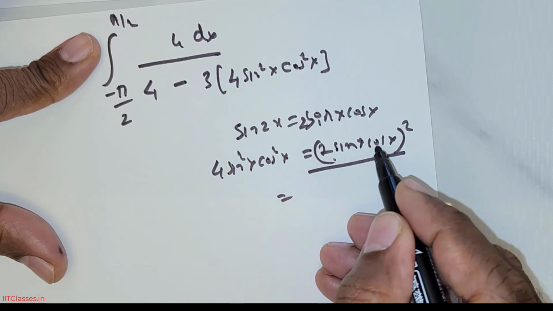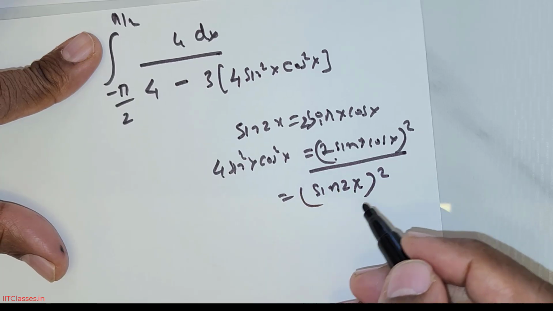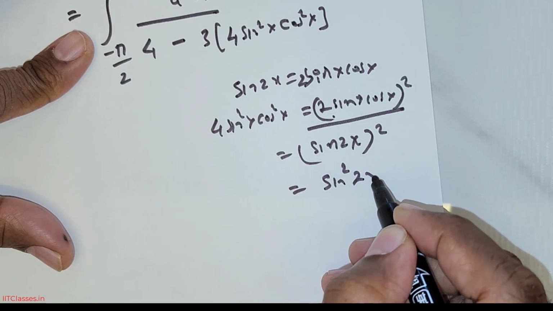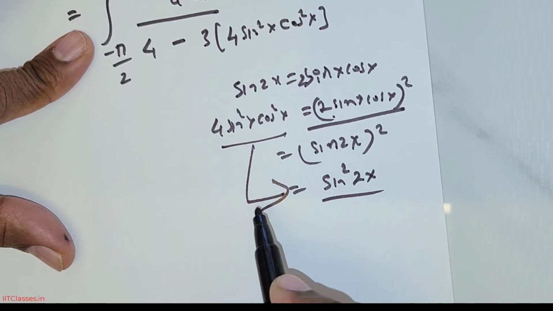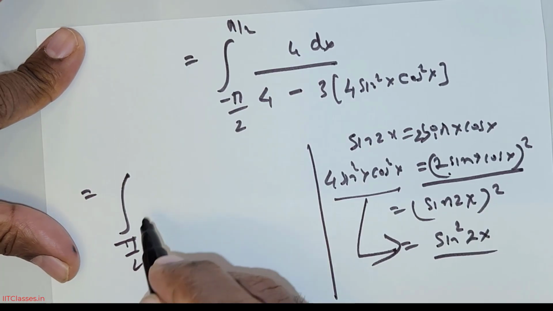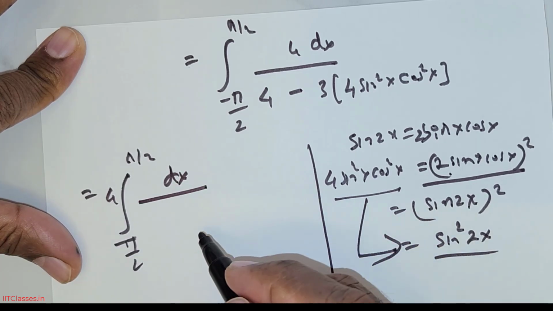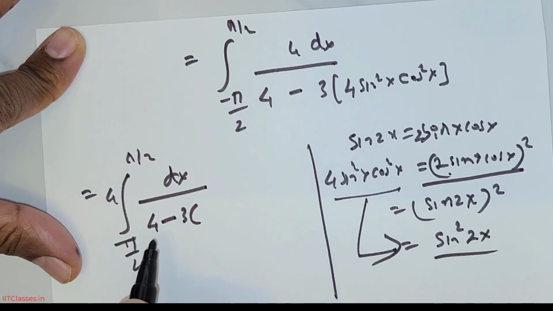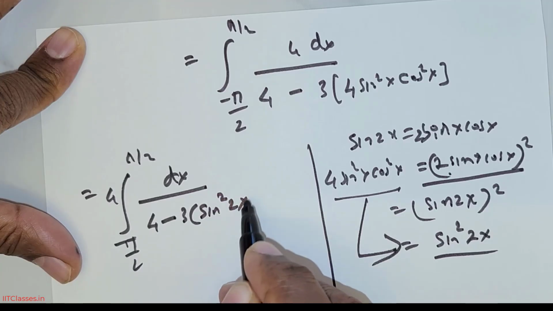But 2 times sine x cos x is nothing but sine 2x, raised to the power of 2. Now if I bring this in, this is going to be sine squared 2x, right? So in place of this, I'm going to use this. So this is equal to the integral from negative pi over 2 to pi over 2. I'm going to take 4 out, so it's going to be dx over 4 minus 3 times sine squared 2x.